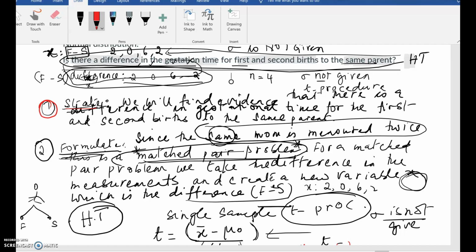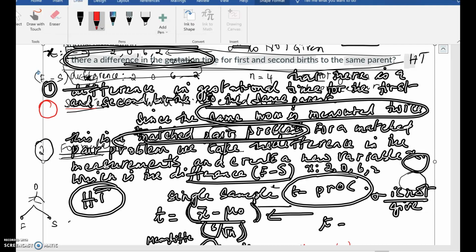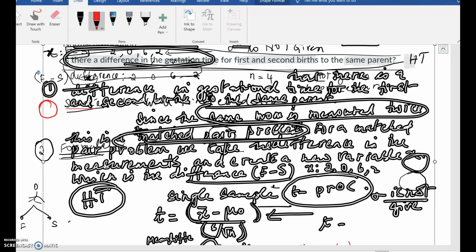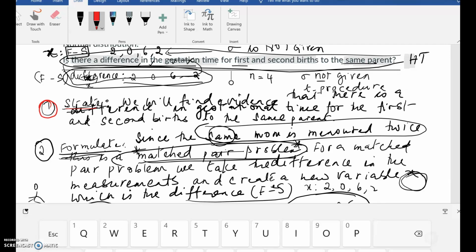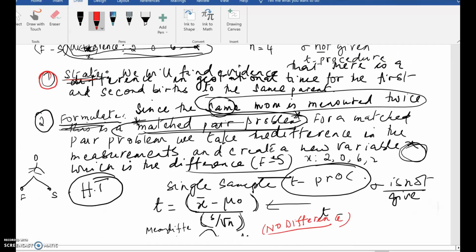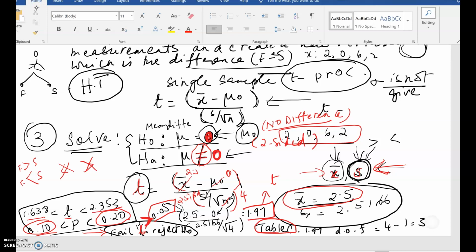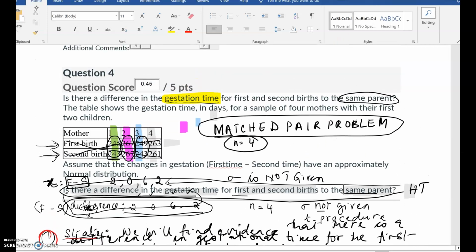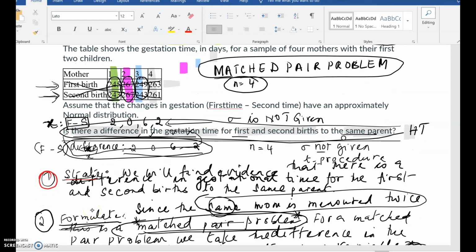We do not have evidence, okay, to prove that the gestational time, let me just see if I can write it here. I don't think it's working, but let's just say the conclusion will be we do not have enough evidence.